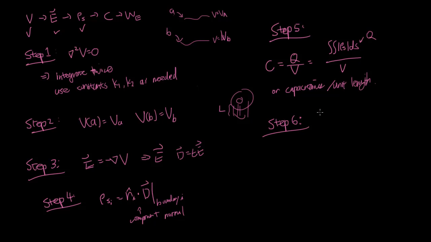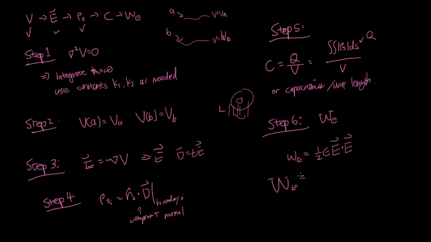And then finally, from there, you can find the electrostatic energy density. To do that, you just have to use the fact that if we define this at a point level, so for a very specific location, it's going to be 1/2 epsilon E dot E. You can then do the volume integral of both sides to find the total amount of energy stored.